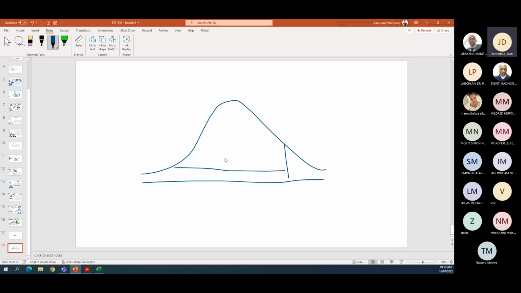Then also, I think it's in that same chapter, we don't do exponential and we don't do the others. We only focus on the normal distribution. Previous years, all of those functions were dealt with. We only focus on the normal distribution. So we don't do exponential or any of the other weird functions that are in there.